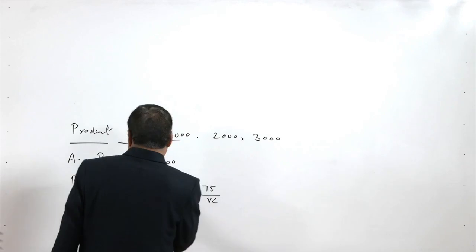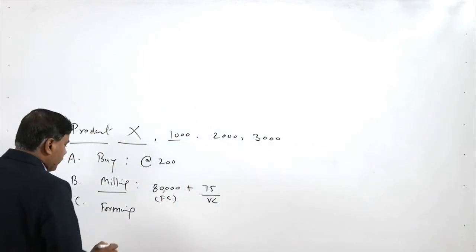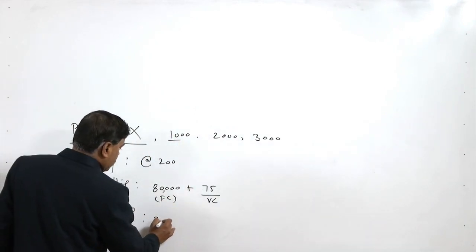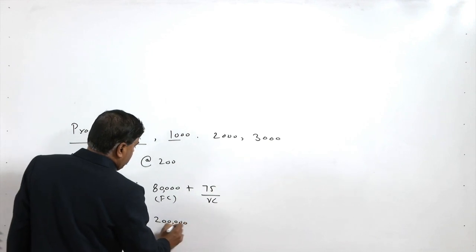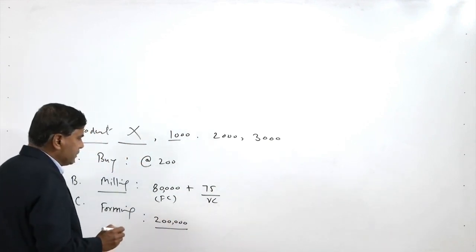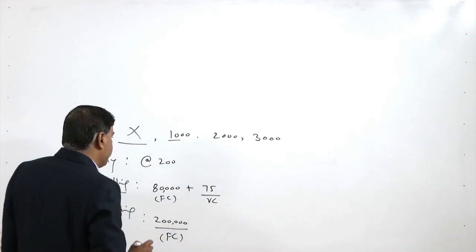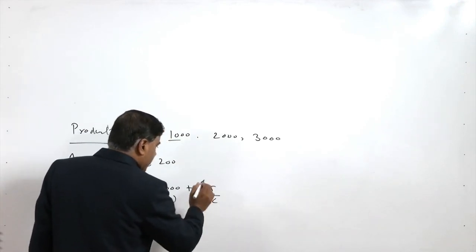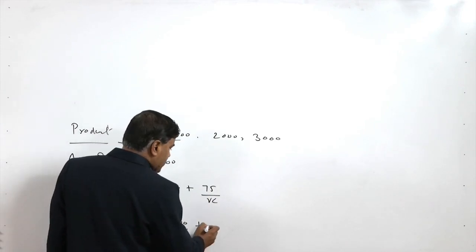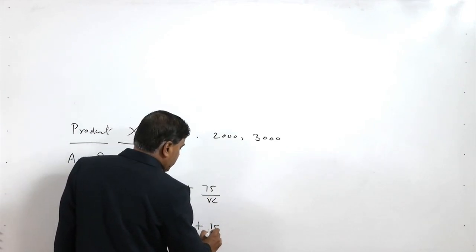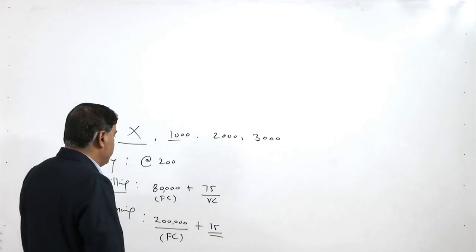And if forming is to be used, then 200,000 units is the investment to be made as a fixed cost for forming, and the product can be made at a much lower variable cost, that is, say, 15 units per piece.